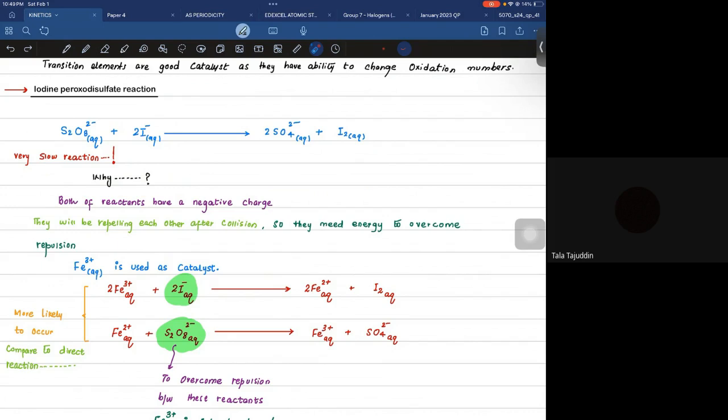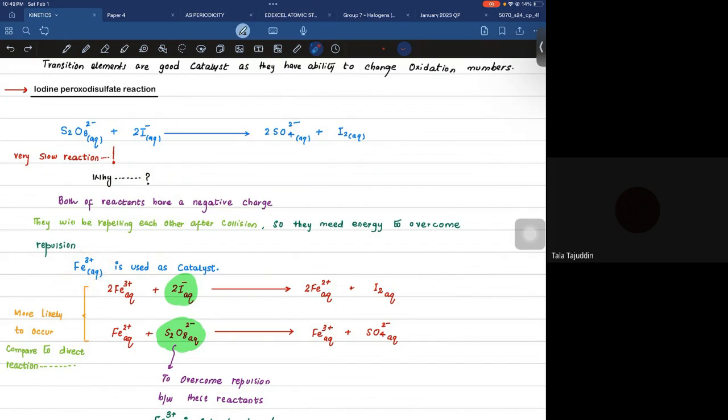Their force of repulsion has to be overcome by you. You have to apply a lot of energy so that they can react. But without providing an extra amount of energy, you need to use a catalyst. Iron 3 plus is used as a catalyst.